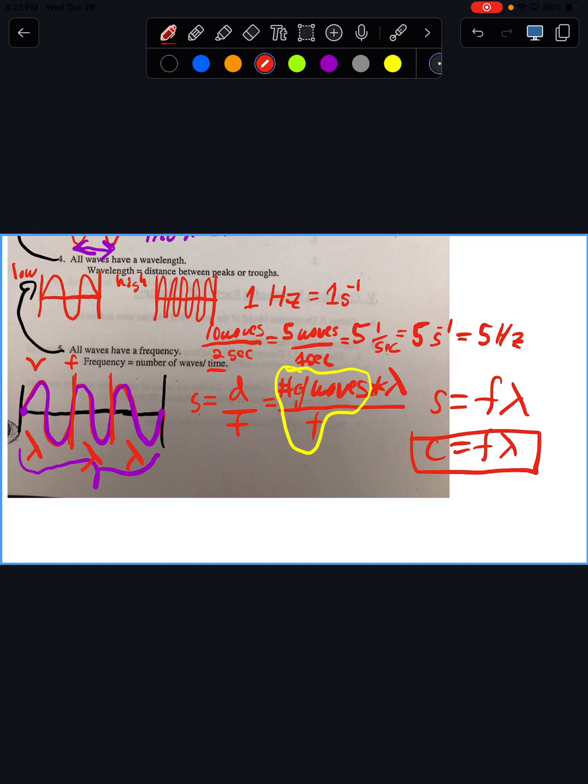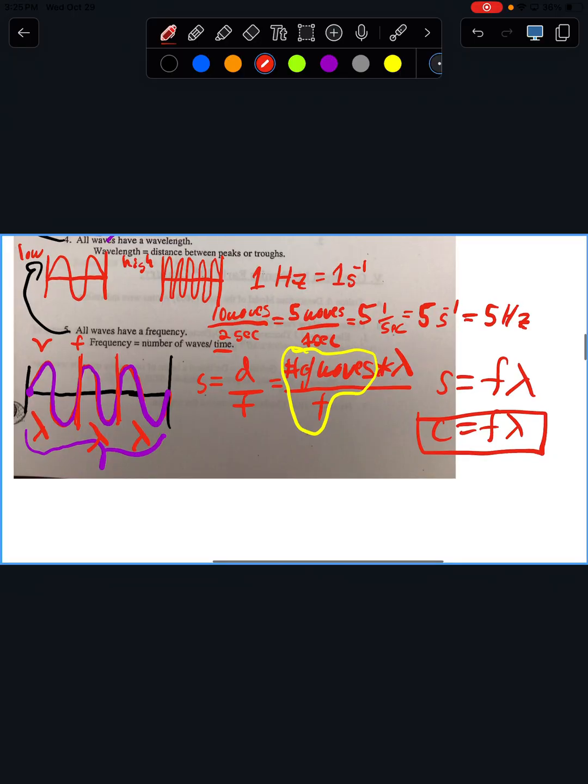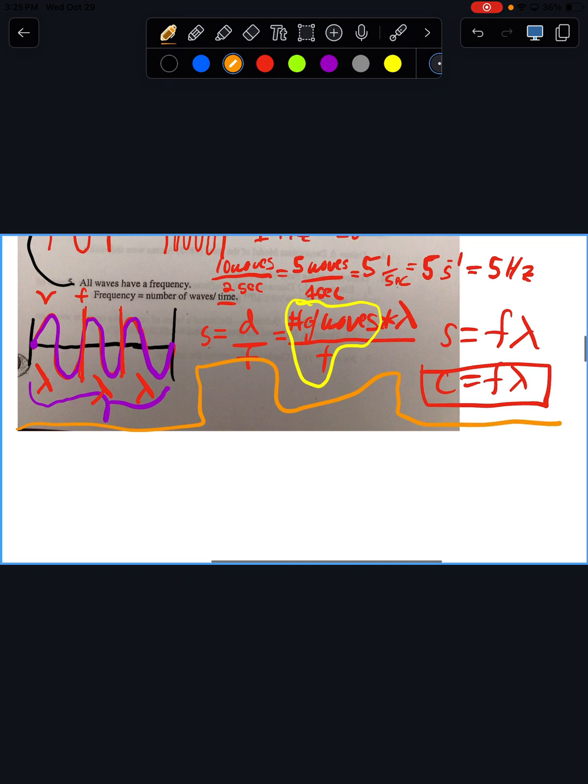We're going to do one example problem, and then you're going to work on your homework. Okay? So, I guess I ran out of space. C is the speed of light.